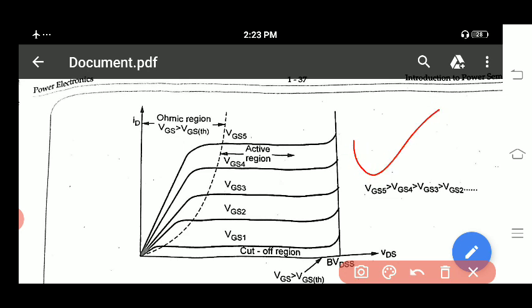If VGS is less than some threshold, whenever VGS is greater than threshold, only then it starts to conduct. If it is less than threshold, then it works as an off switch. It will be in the cutoff region. When VGS is greater than threshold, then it will be in the active region.